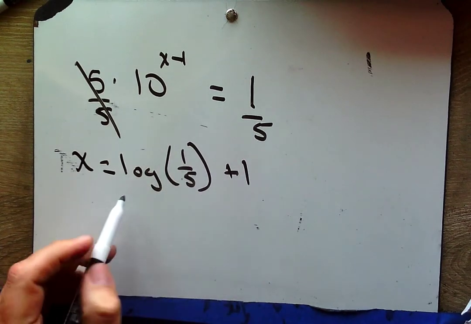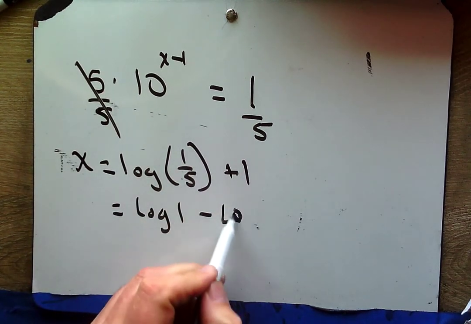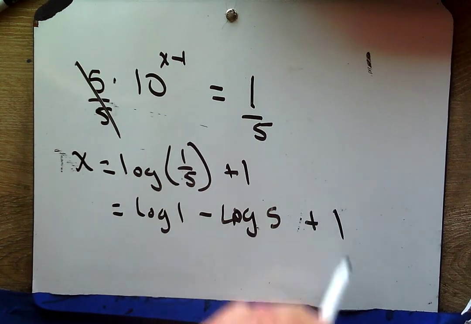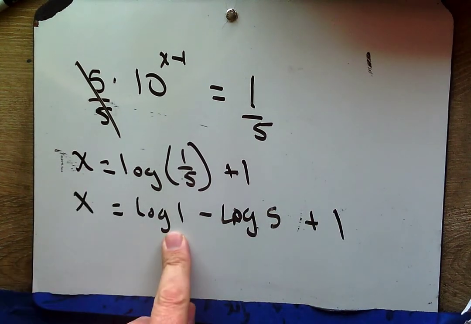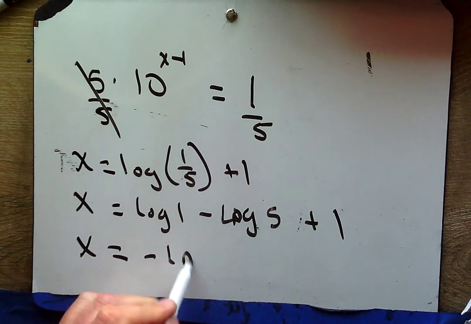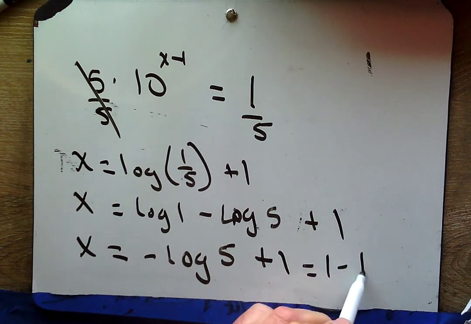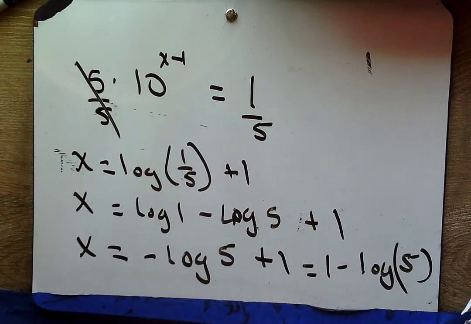But here, you might think, well, isn't that the log of 1 minus the log of 5? And what's log of 1? Yeah, that's 0. So x equals negative log 5 plus 1. Or I guess 1 minus log 5. Okay, so we can do this problem that way.